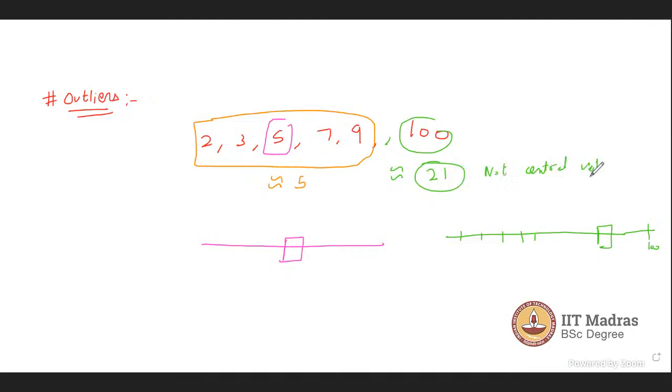So if I get any outlier value, my mean will be affected a lot. But it's not the case for the median, because if you calculate the median for this data set, it's 5. If you calculate it including 100, it still will be 6, which is still the middle value. That's why the median is not affected.